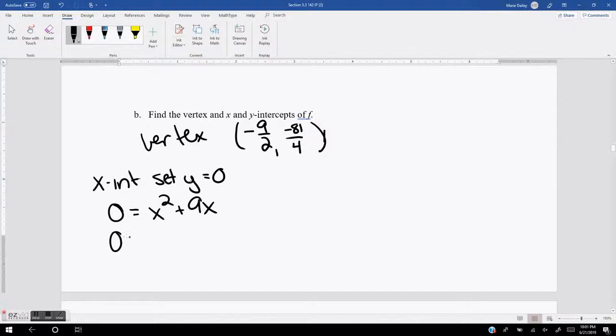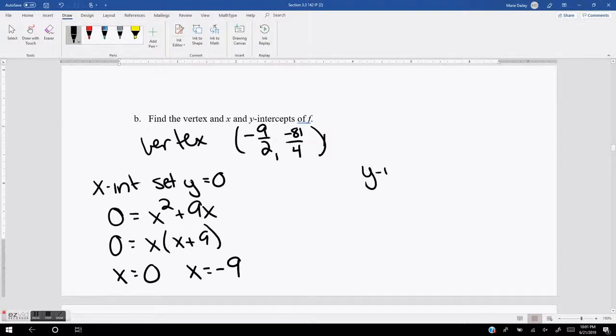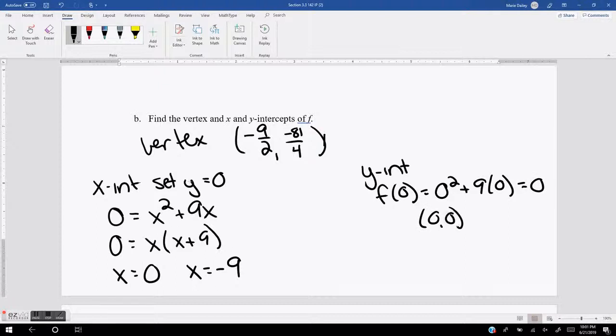This one we've done about 14 billion times already this semester. So I got my two x-intercepts of 0 and negative 9. And then finding my y-intercept, that's just f of 0, which is 0 squared plus 9 times 0, which is 0. So that's no surprise either that the y-intercept is the point (0, 0).